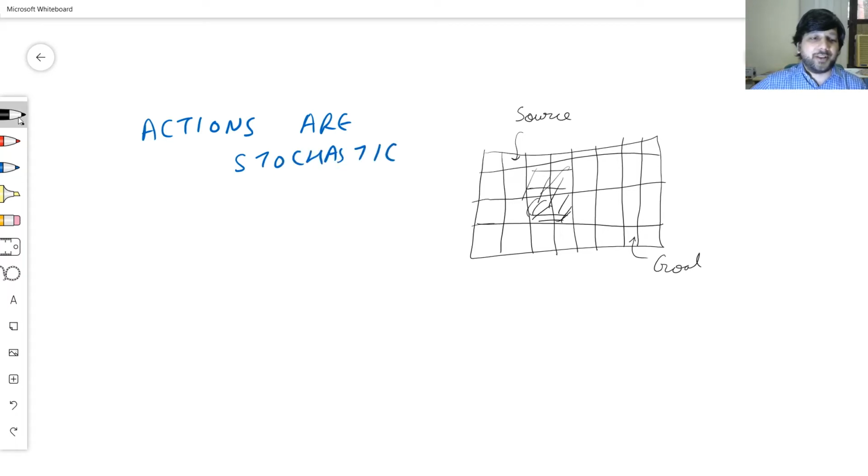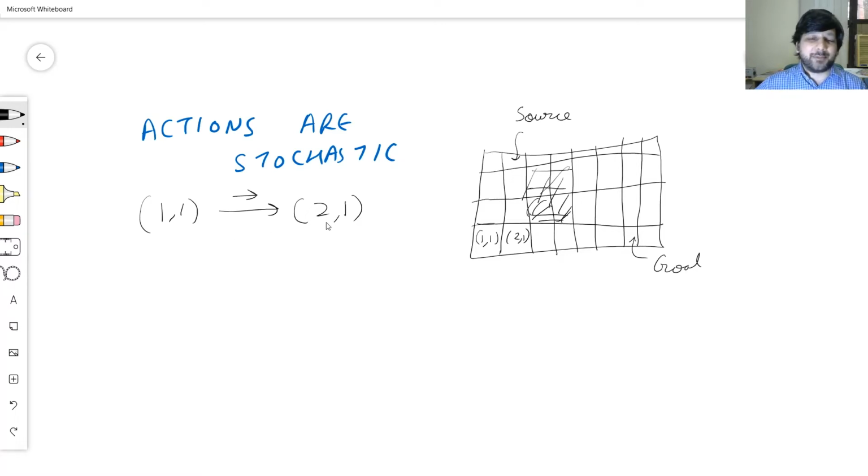And what that means is, suppose I am at 1, 1 over here and I apply the action right. Of course, I should go to 2, 1, which is this one.